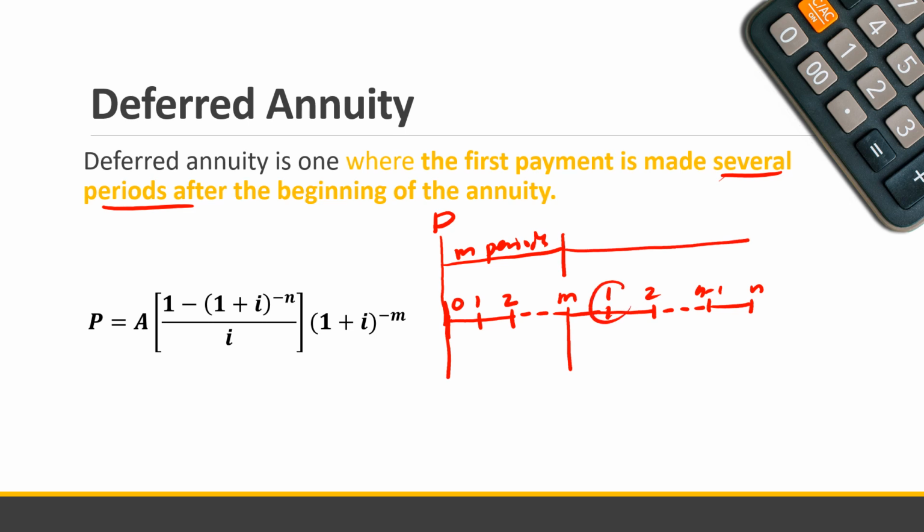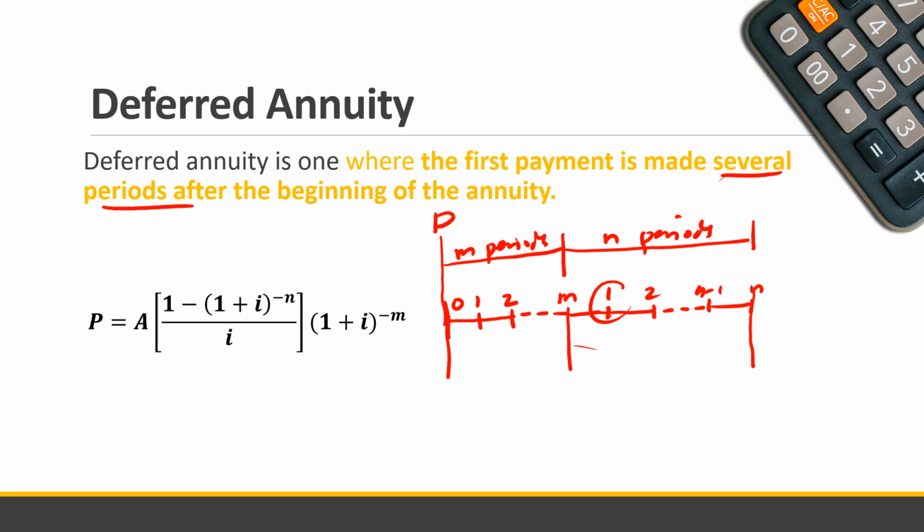So the N periods are the periods na nagbabayad ka na. Okay? So this is simply a combination of ordinary annuity and yung compound interest.